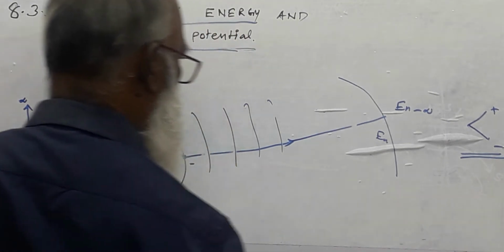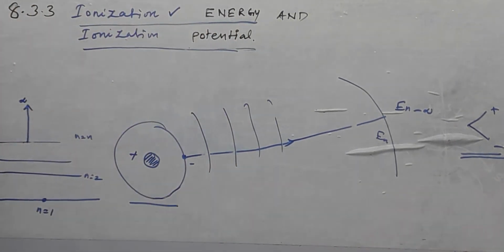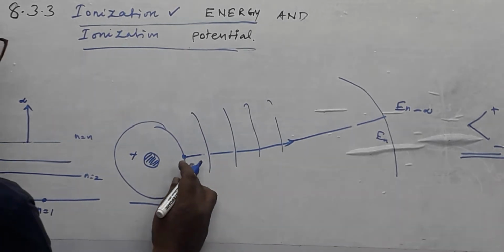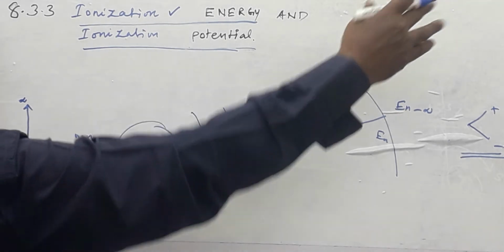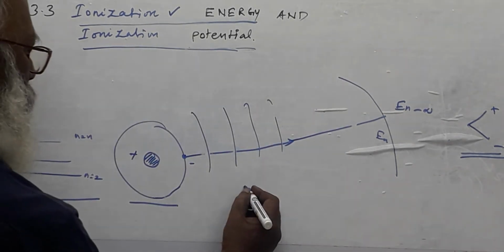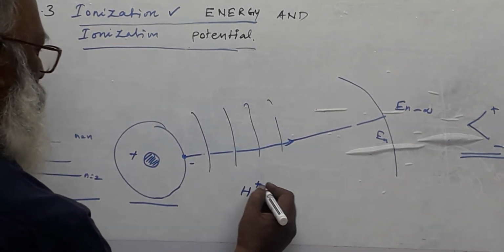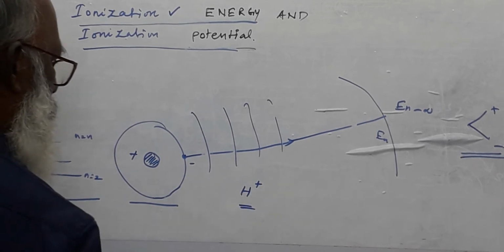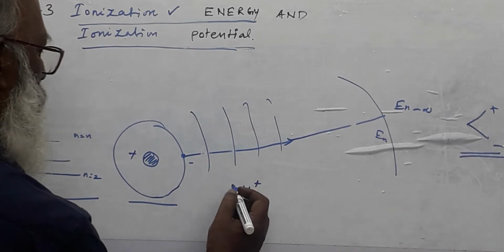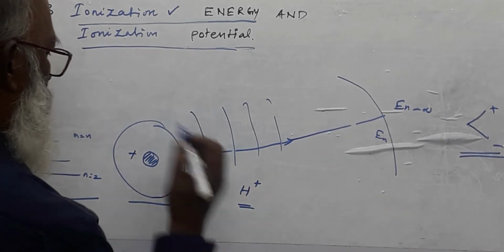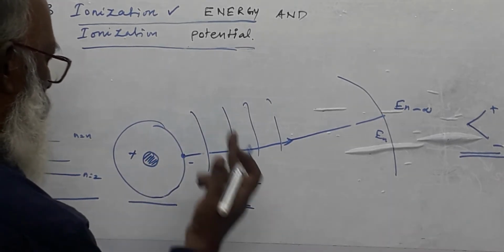For example, for hydrogen, if you remove this electron to infinity, it will become H plus. This is called an ionized particle.